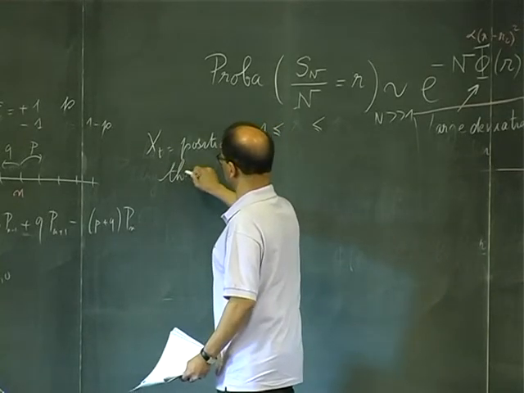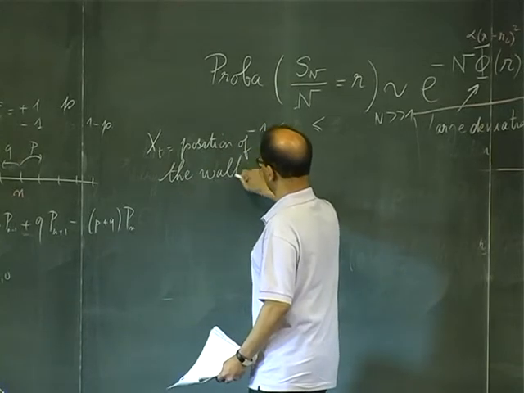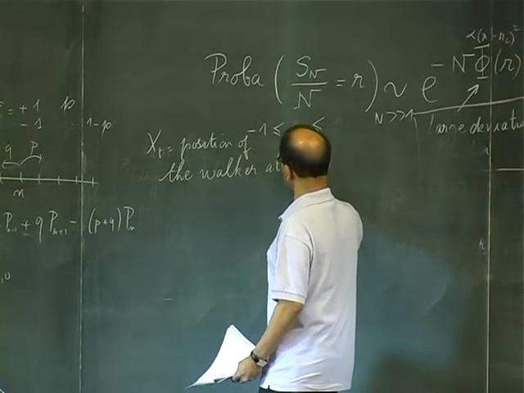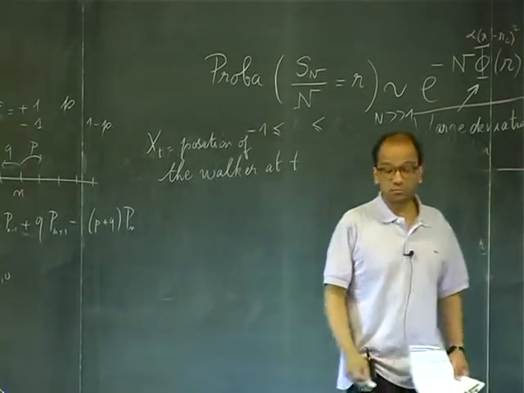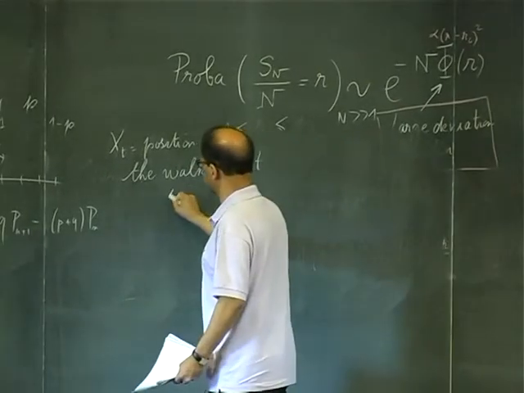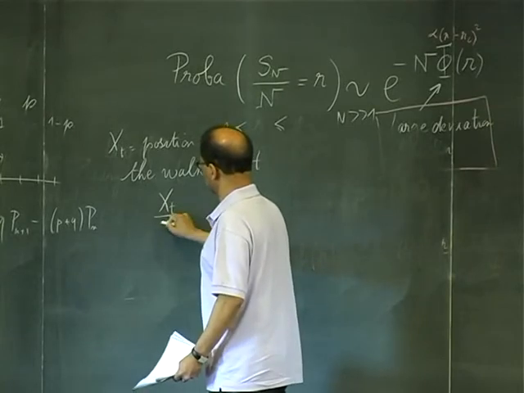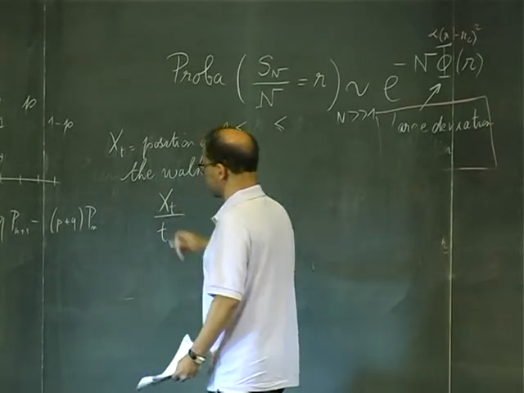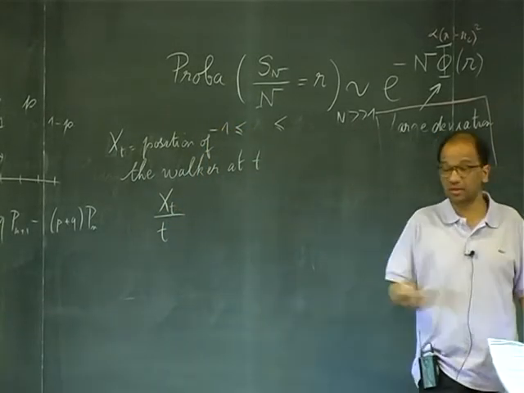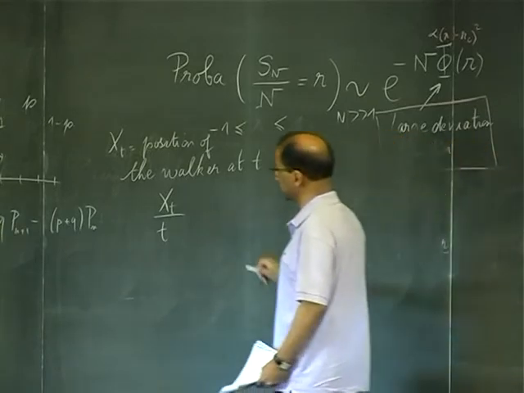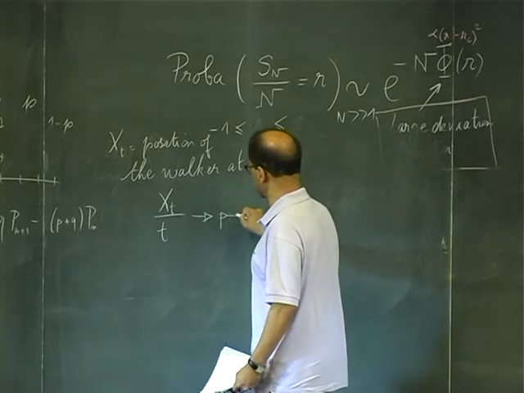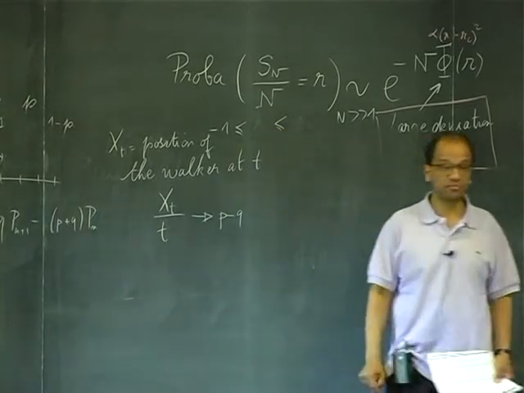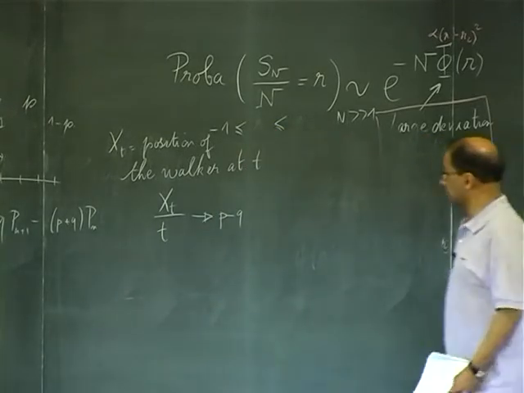So the average speed during time t will be given just by distance divided by time, and of course the average speed will converge to p minus q. If p equals q, there is no average speed, almost surely.